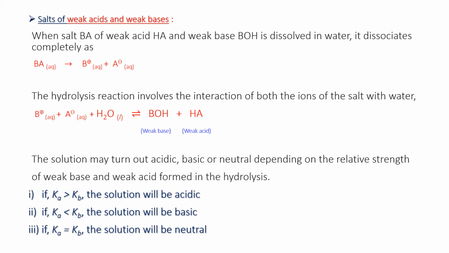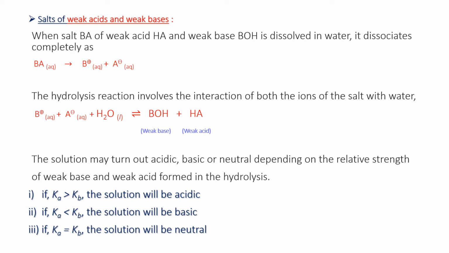neutral. See, for the salt of a weak acid and weak base, if you have to decide the nature of your solution, at that time you have to consider these three points. That is, the weak acid and weak base which are formed in the solution.